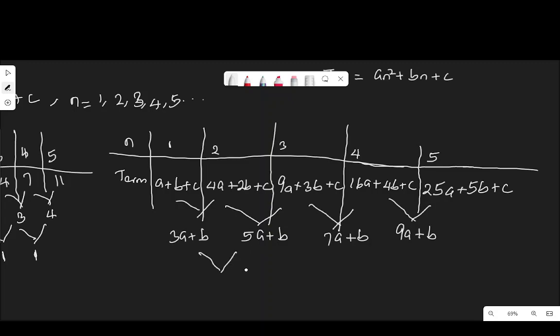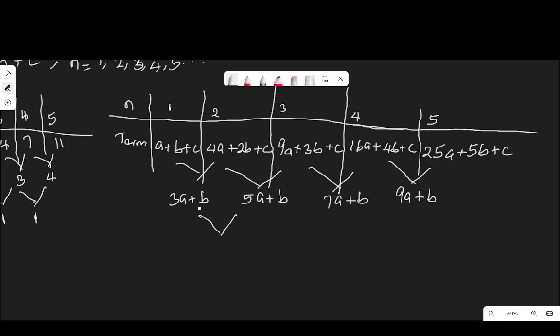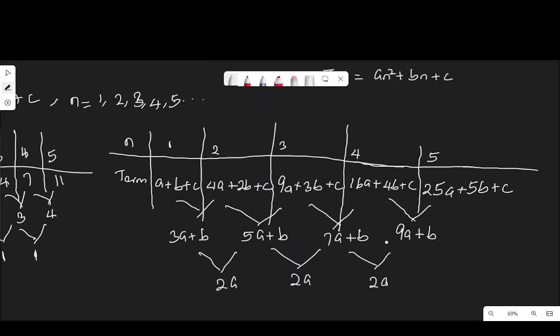This minus this, b minus b is 0, 5a minus 3a is 2a. Then this and this subtracted from each other is 2a, and this and this is 2a. So this is the second order difference, which is now a constant.